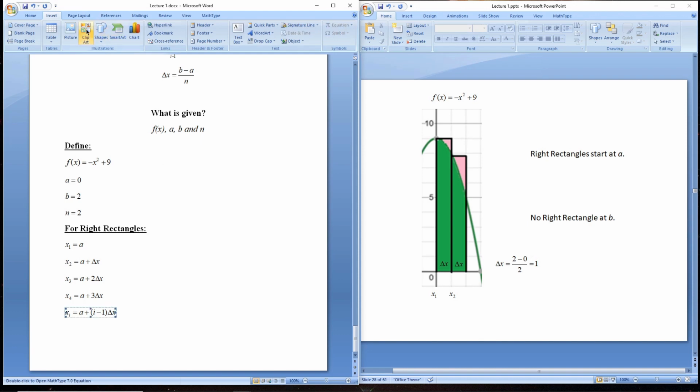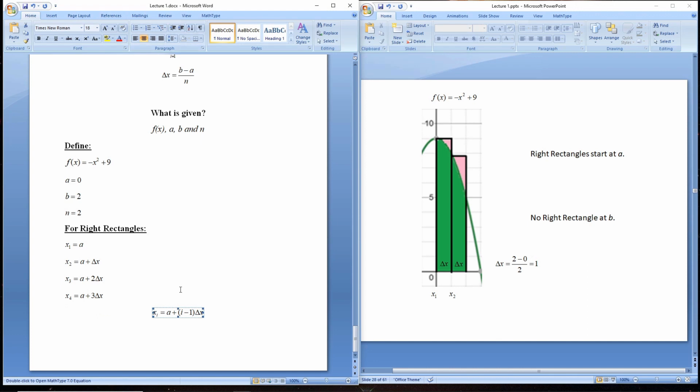And this right here is a pretty big deal because it's our general expression for right rectangles. This will give us every x sub i position. So for instance, if you want to know what the 10th position is, x sub 10, well, if i is 10, 10 minus 1 means 9 delta x. And that's our position.